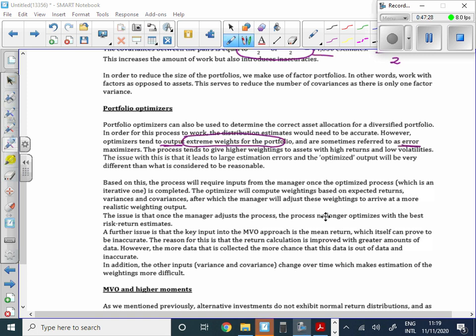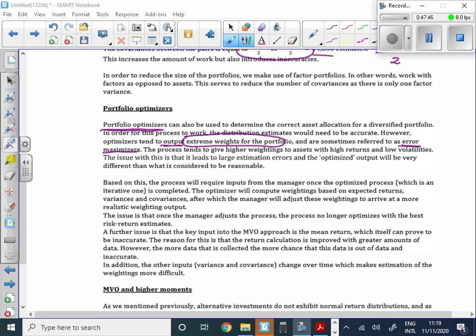We often refer to them as error maximizers. It's a bit sarcastic, of course, because they're supposed to be portfolio optimizers, and they end up giving too many weights to the wrong assets, or extreme weights to assets.